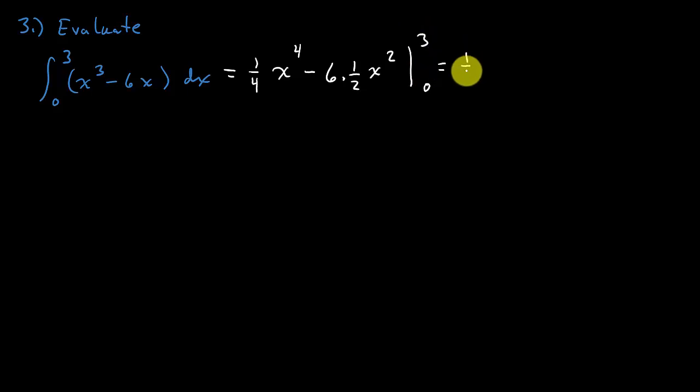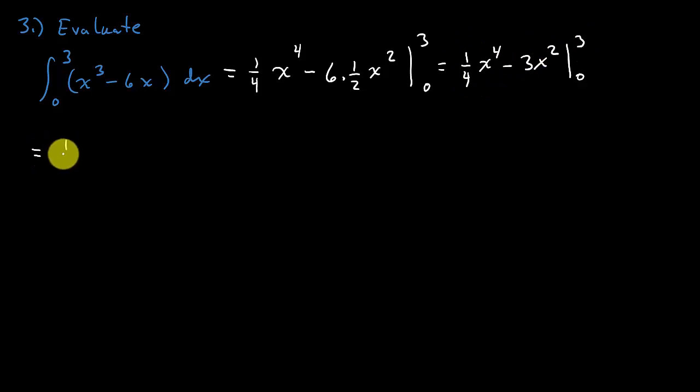So let's go ahead and clean this up just a little bit. All I did is 6 times 1/2 and got the 3. All right, so now let's plug this in. So I'm going to evaluate the function at 3.